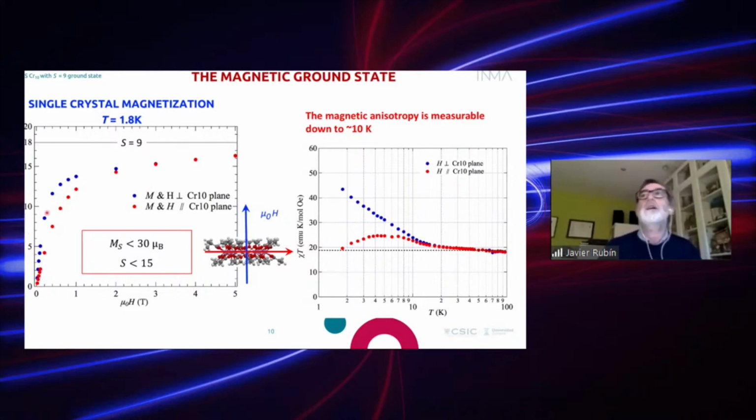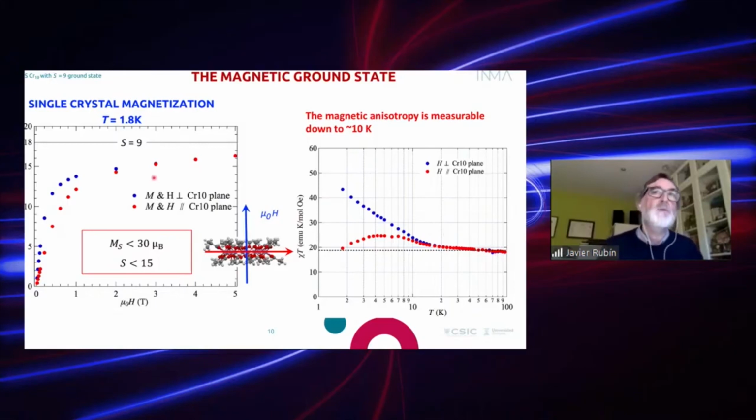But the unusual behavior is that when we measure something like this, what we get, and this is magnetization on the left, and this is susceptibility times temperature on the right, and this is the magnetization along a direction perpendicular to the chromium-10 plane, and in red, this is magnetization in a direction in the plane of the ring. What we get is something that is compatible with spin 9.